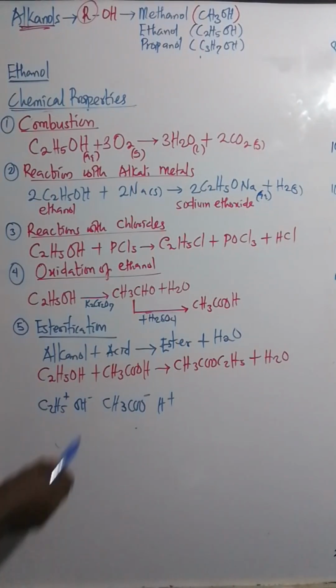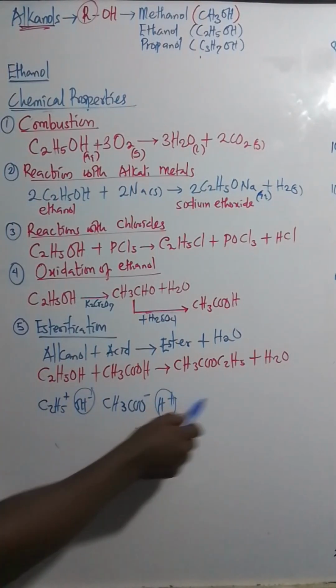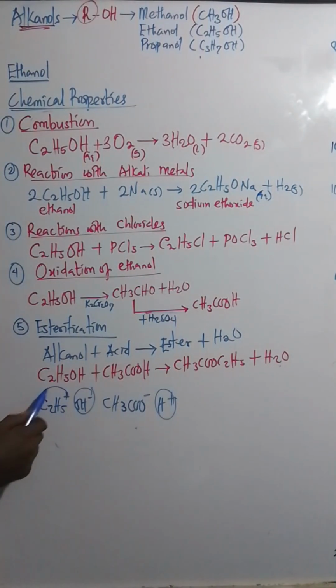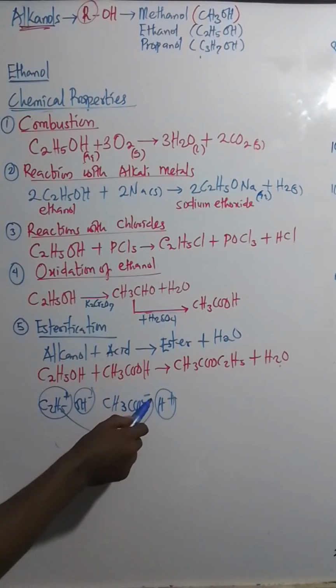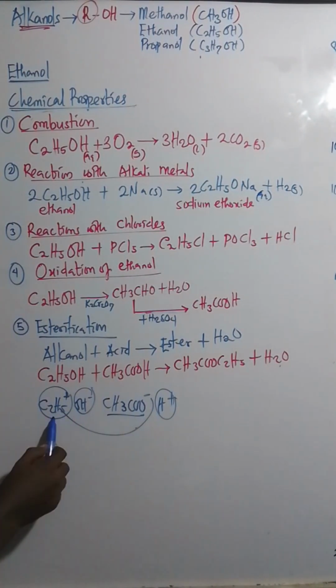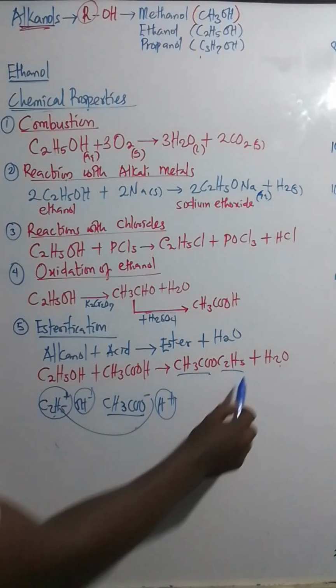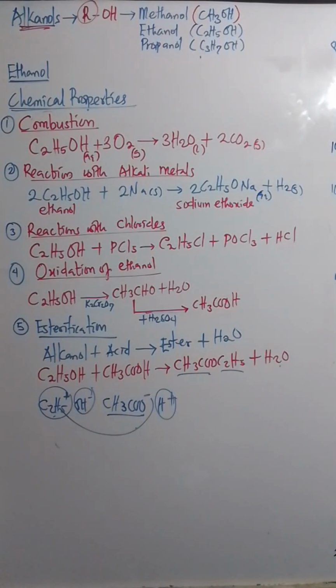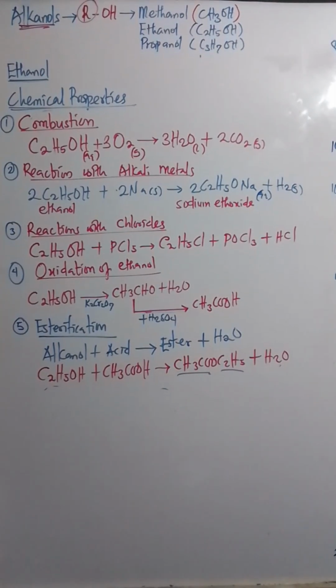The H plus and OH minus come together to give water, while the CH3COO and C2H5 join to give CH3COOC2H5. So this process is called esterification. We are still going to talk about it later.